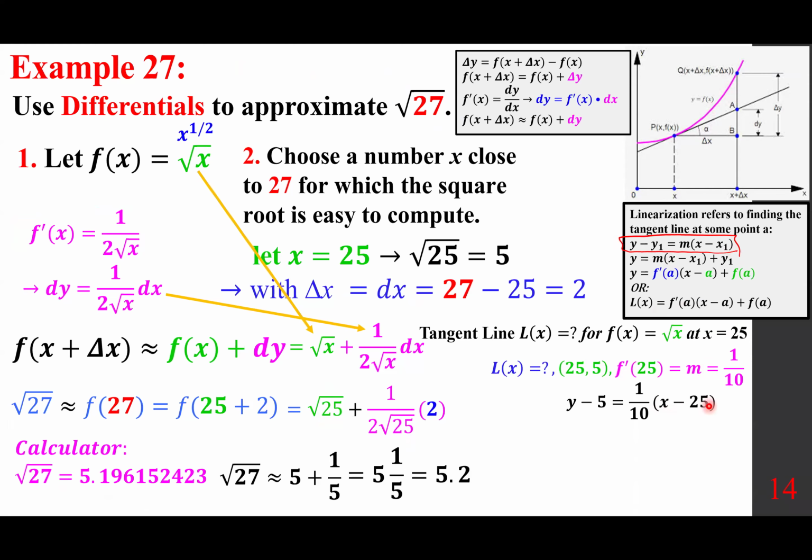This is 1/10 x minus 25 over 10 plus 5, and it simplifies to 1/10 x plus 5. I'm assuming everybody can do that. Now, square root of 27 is L of 27, and if you go through the process, you get 5.2, which is identical to this. Because differentials and linearization must give us the same answer, if these two numbers are not identical, we've made a mistake somewhere, so you want to be careful with that.